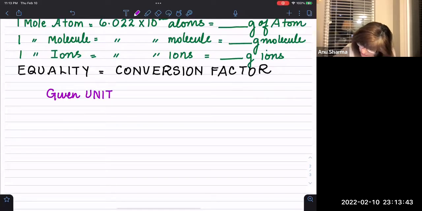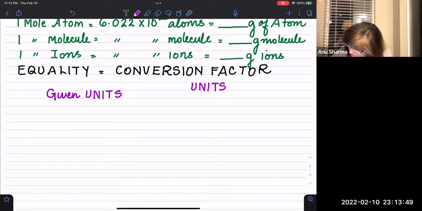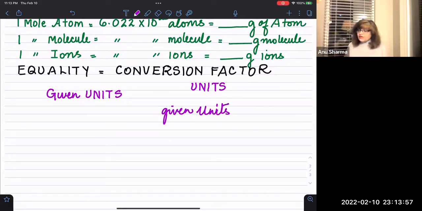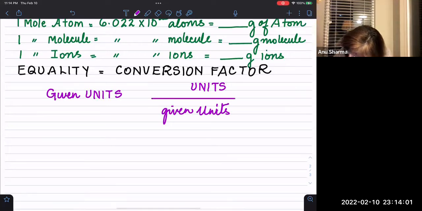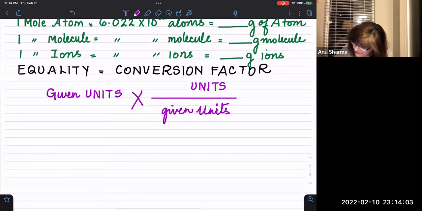Those units you want to convert, and you need to find other units. The given units go here, and this is dividing, and this guy is multiplying.